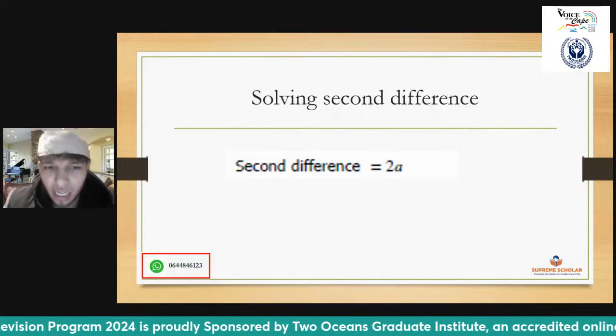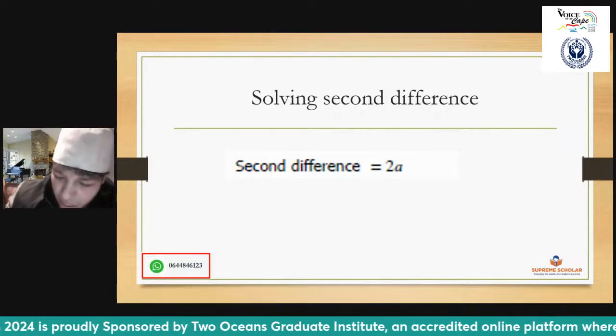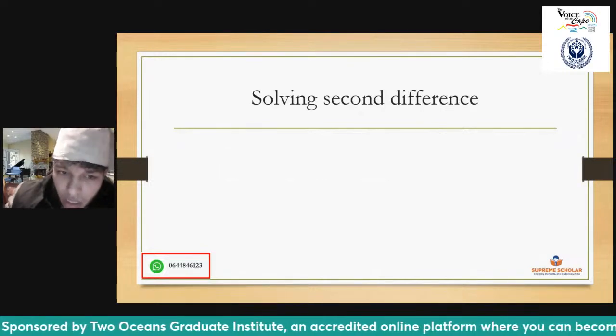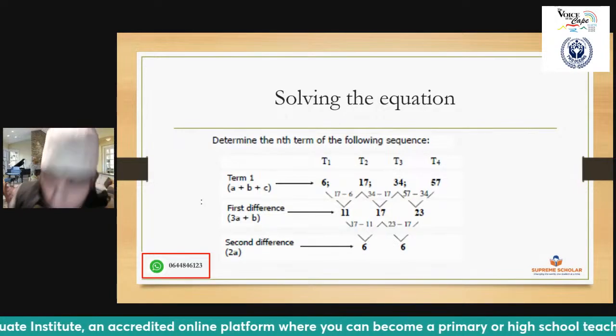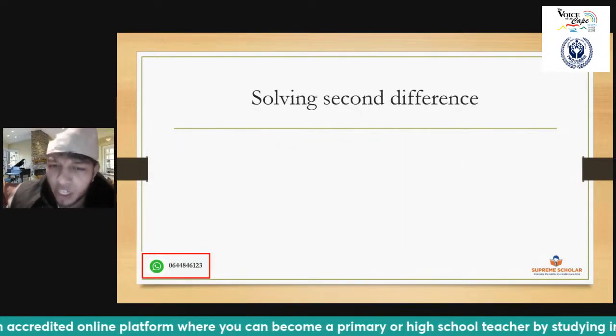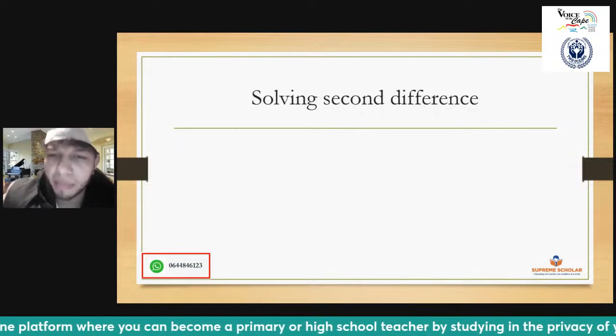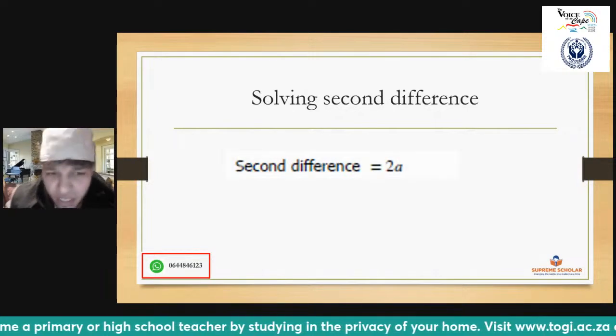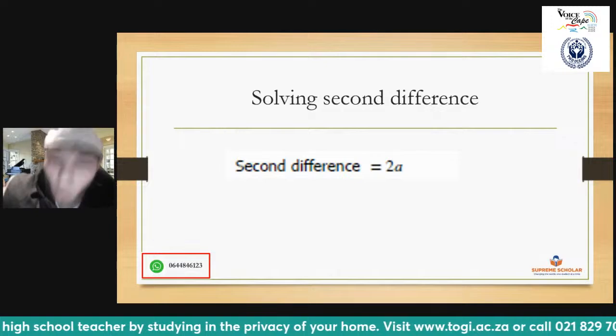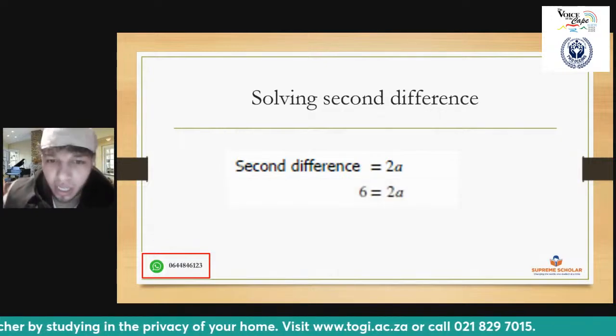Basically, we have our second difference. If we go back, we have our second difference as 6. So we're going to solve for A, B, and C. We take our second difference, known as D2. D2 is equal to 2A.